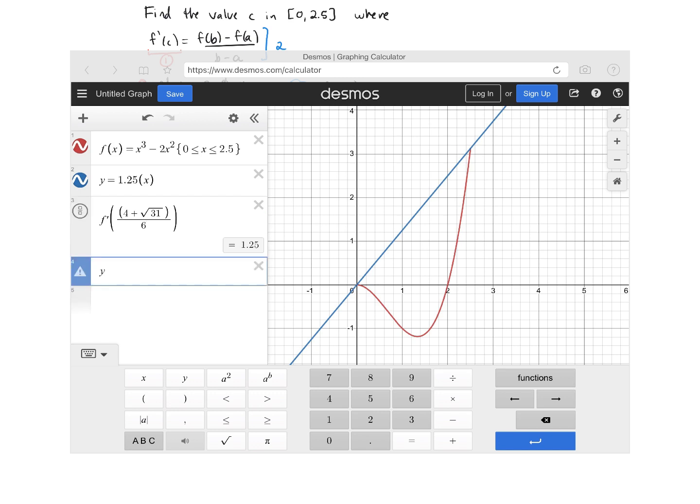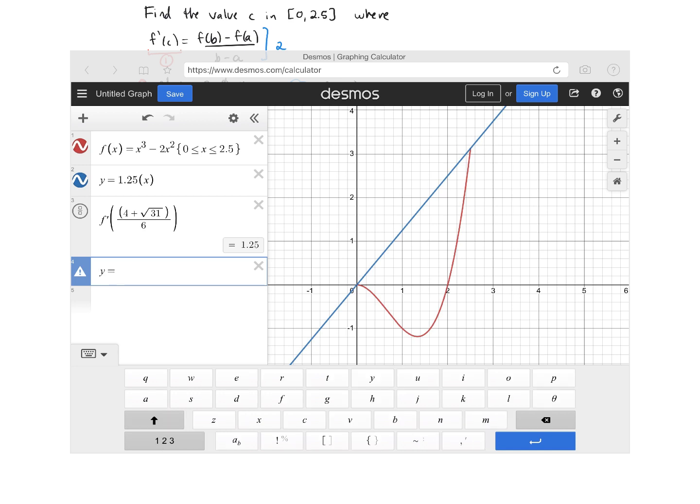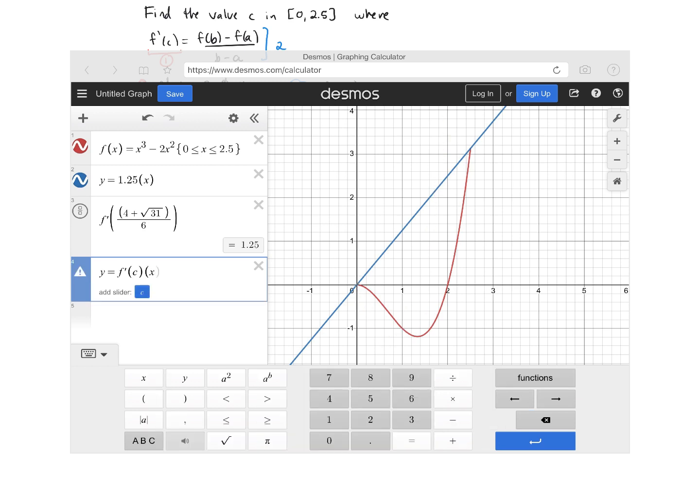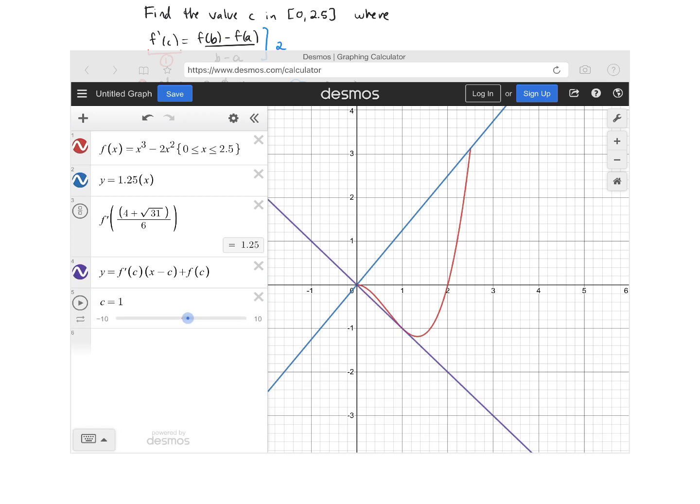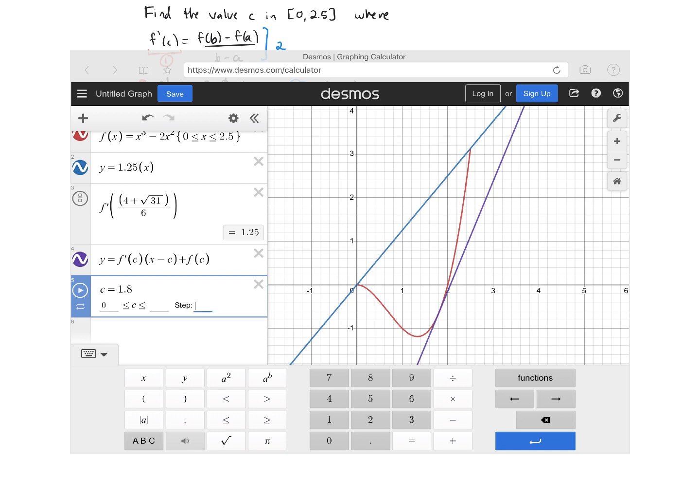We can also do y equals f prime of c multiplied by x subtract c plus f of c. That is our equation of a tangent line. We can add this slider for c and set it between 0 and 2.5. Let's make the step 0.01.